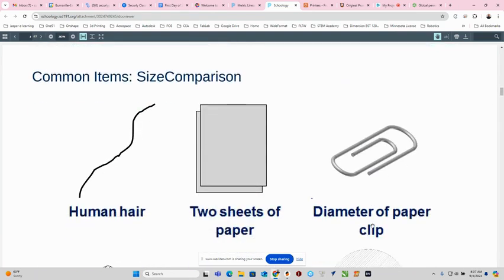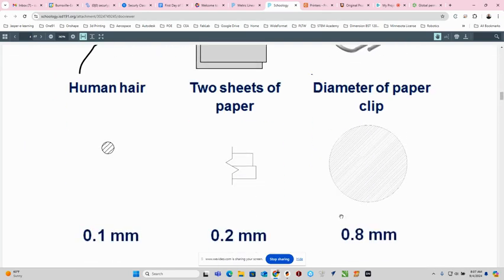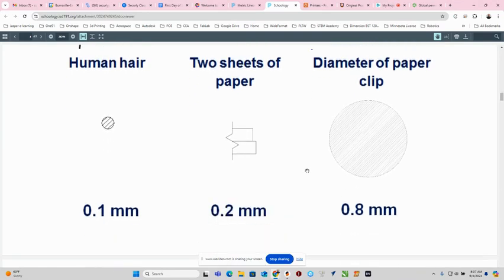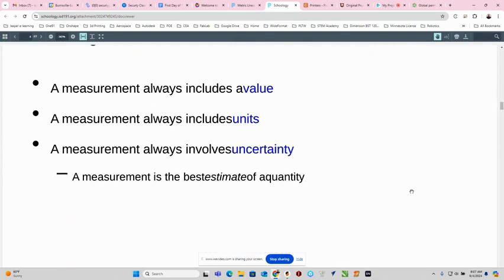For common size comparisons: a human hair is 0.1 millimeter, 2 sheets of paper is 0.2, and the diameter of a paperclip is 0.8. When you record your measurements, always include a value and always include a unit.